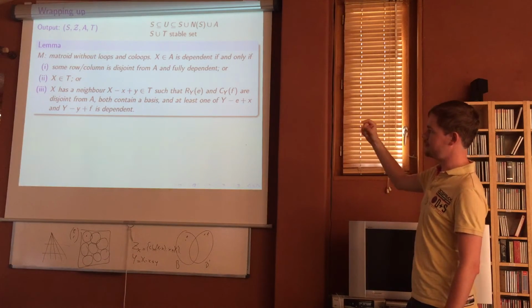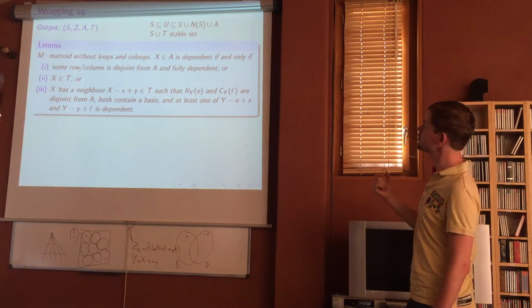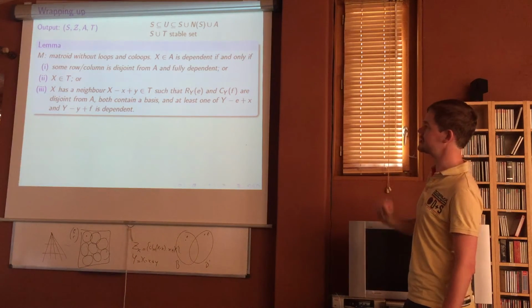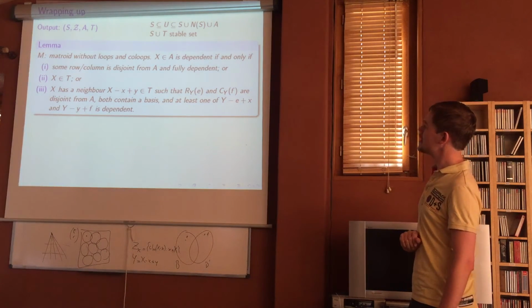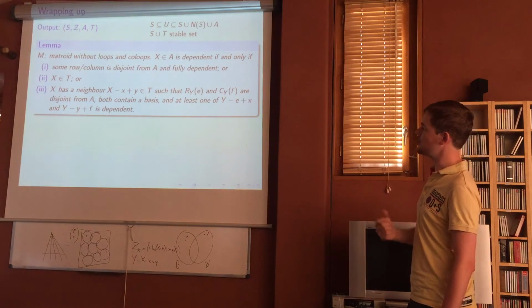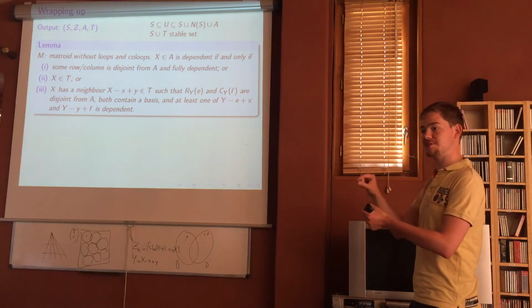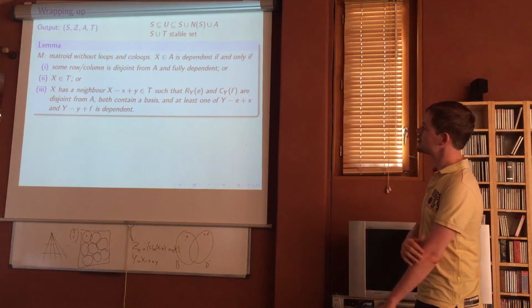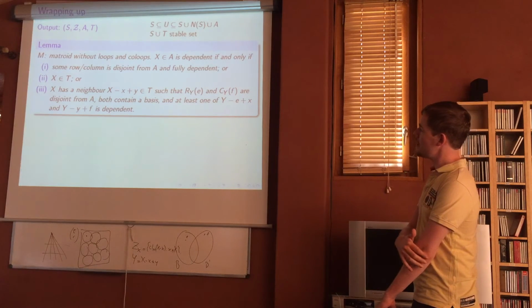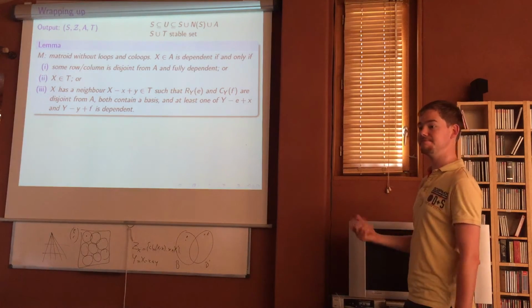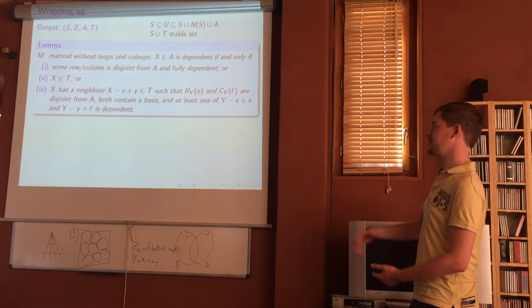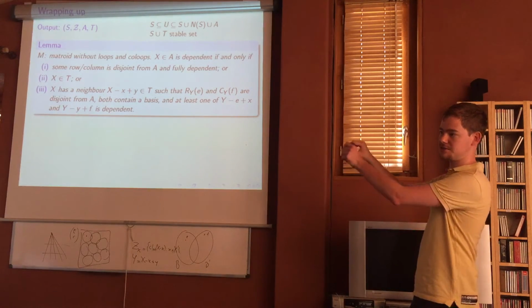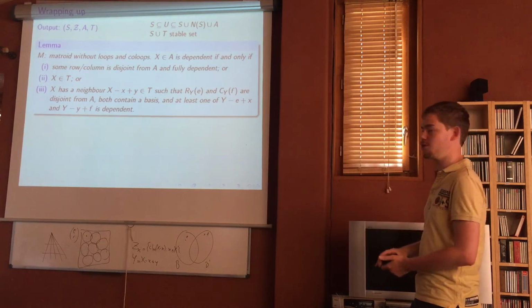If you have a matroid without loops and co-loops, then a vertex that is in A is dependent if and only if one of the following three holds. Either you have a row and a column that are dependent, or it is in T, or it has a neighbor such that you can do this kind of projection to the row and the column.